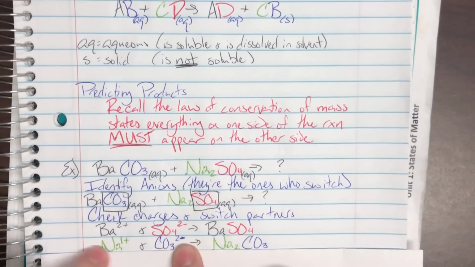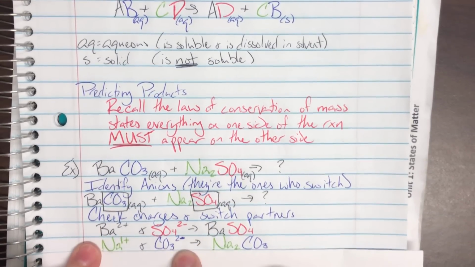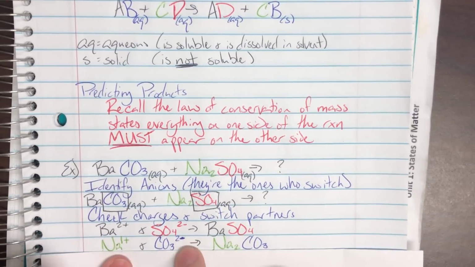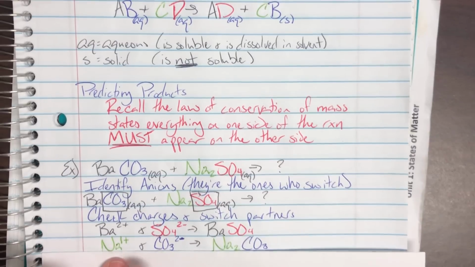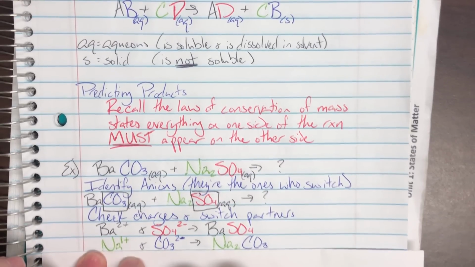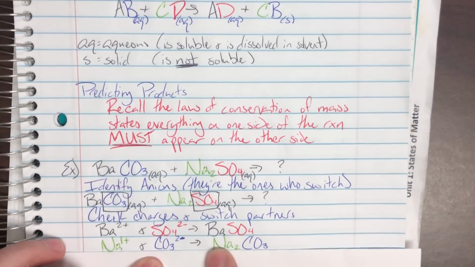Now this one is not immediately canceled out like barium sulfate was. For sodium carbonate, I need to cancel out this charge. I need to have as much positive as I do negative. The least common multiple between sodium and carbonate is 2. So that means I need 2 sodium atoms to counteract the carbonate's negative charge. So I end up with a formula of Na2CO3.